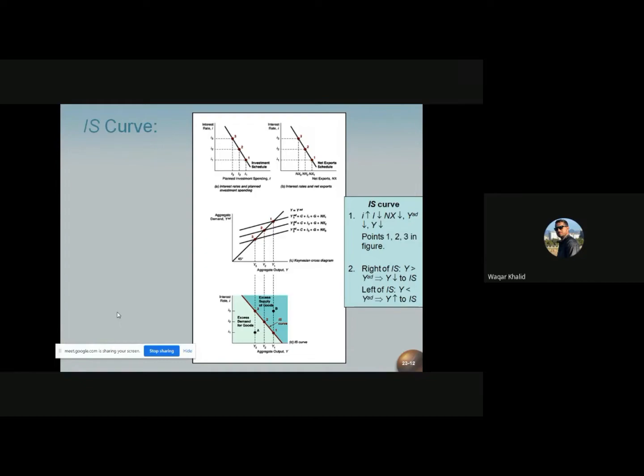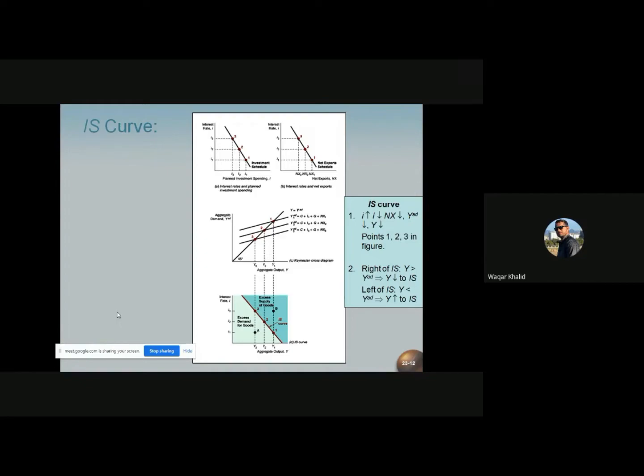Therefore, when interest rates are lower, business firms are more likely to undertake investment in physical capital, and planned investment spending will be higher. That's why we can say that the relationship between the interest rate and planned investment expenditure is inverse or negative.